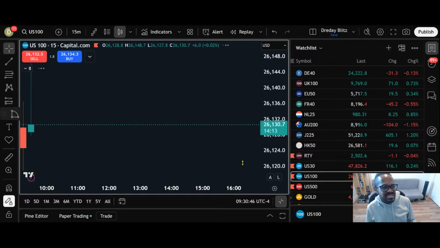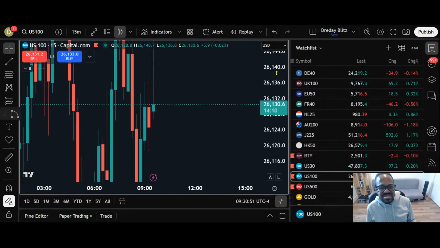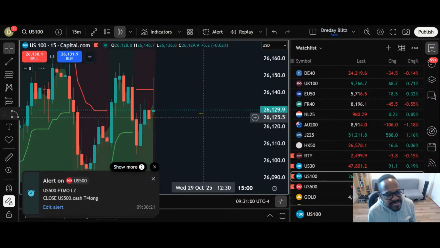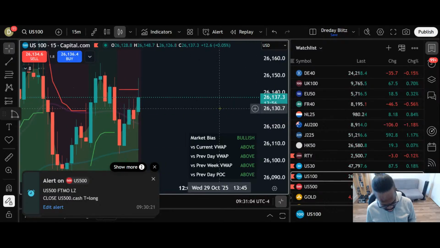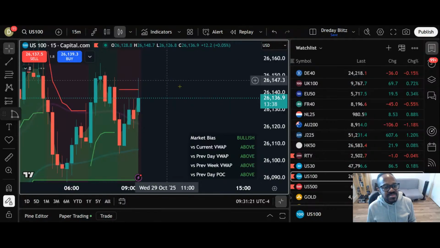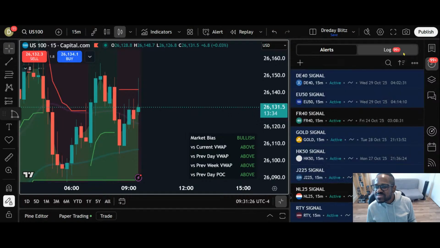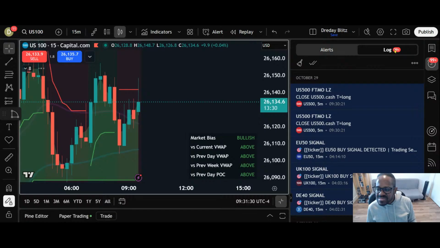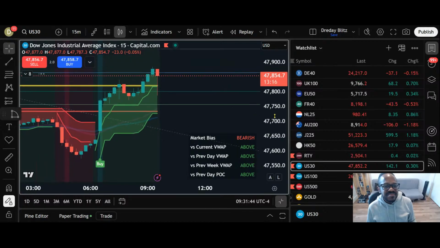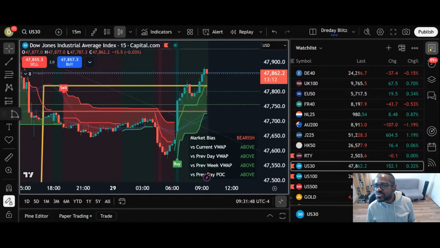All right, so let's look at the others. So, retracement US30.